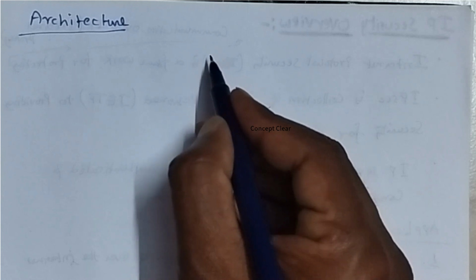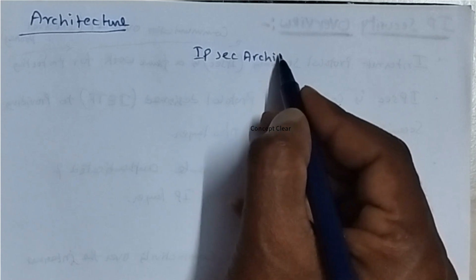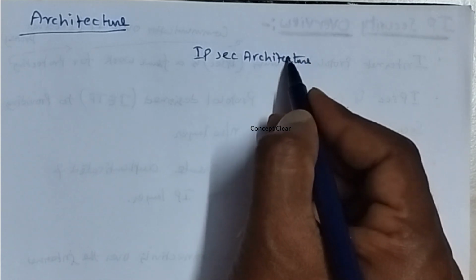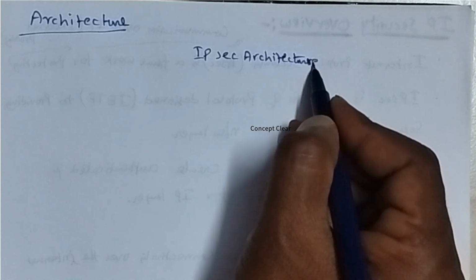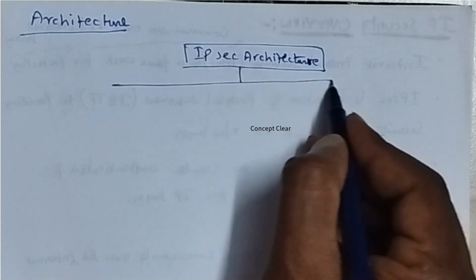Here we will see the diagram of the architecture of IP security. The IP security architecture implements two protocols, right?